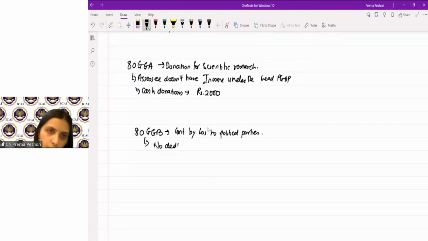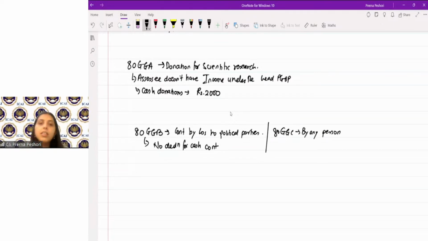No deduction for cash contribution. Are we clear? Okay. Then this is by companies. 80GGC is by any person other than companies. Again, to the political parties, everything else remains the same.